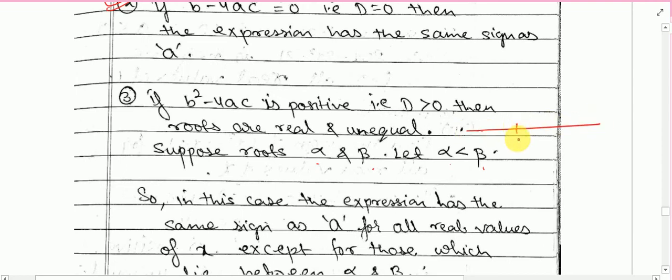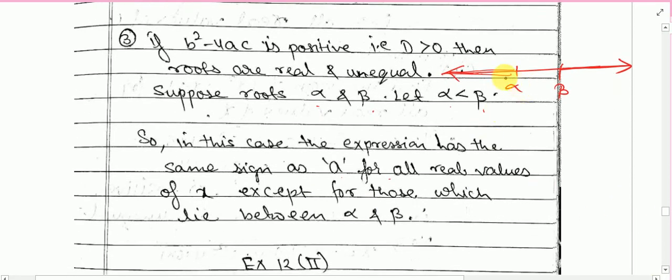Then in that case let's say alpha is here and beta is here, and this is the real number line. So the quadratic function will have the same sign as a for all real numbers lying this side and for all real numbers lying this side.